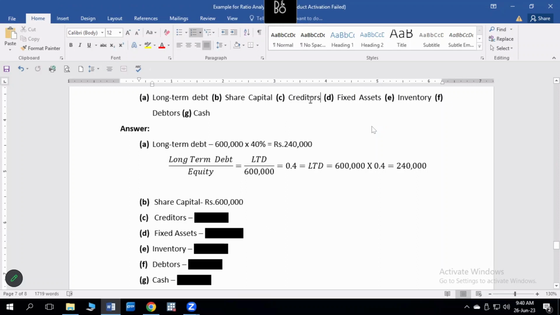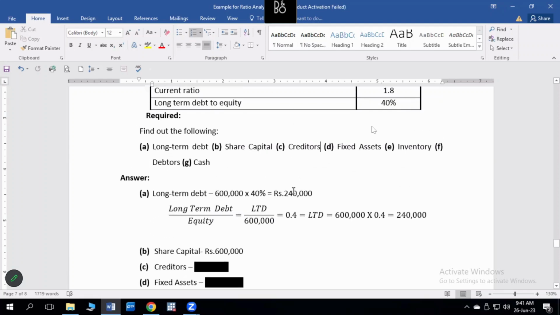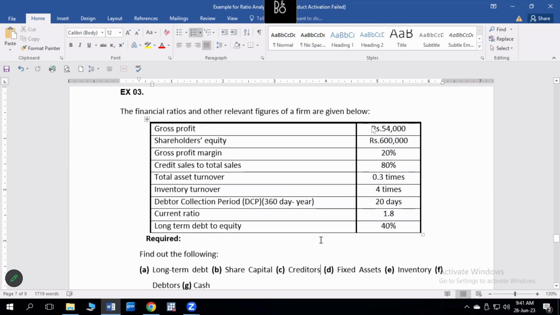Then the third item, creditors. You want to find out the creditors. You know that the creditors are on the liability side, one of the components of the current liabilities. You don't have any direct way to calculate this from the information, right?